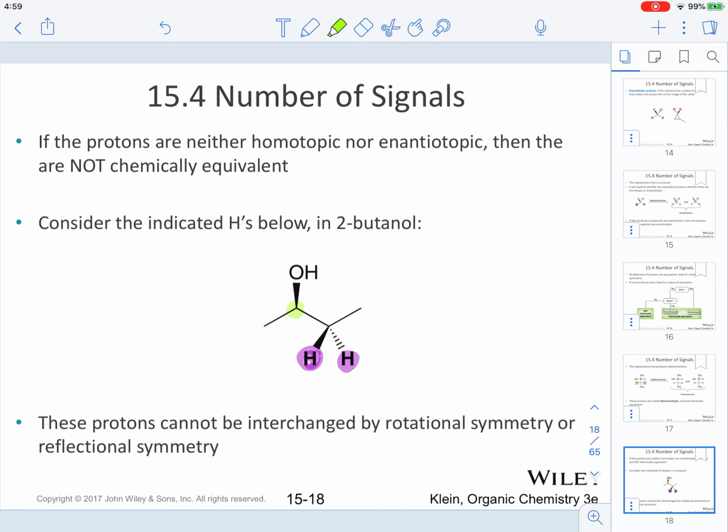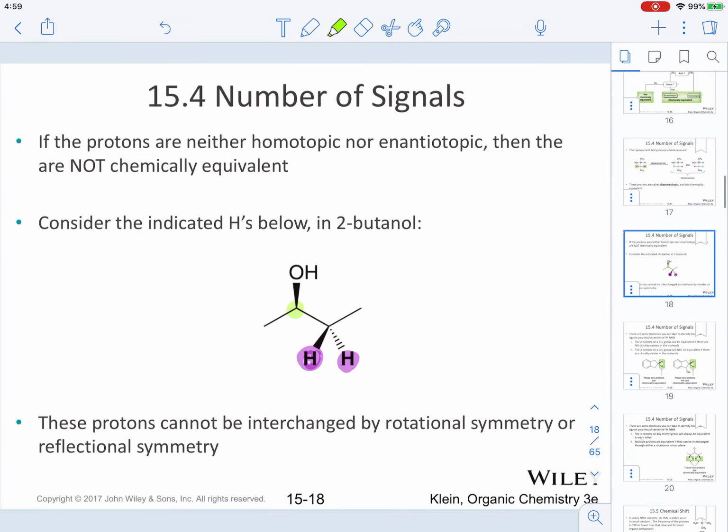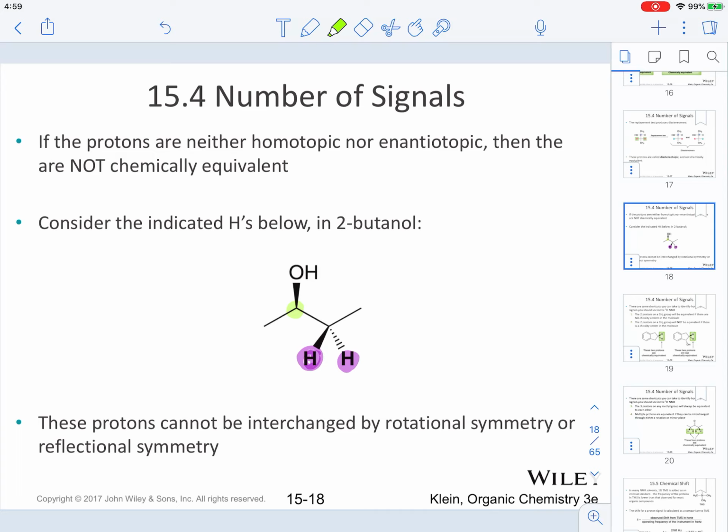Now, these protons cannot be interchanged by rotational symmetry or reflectional symmetry. So what will happen specifically for this example is that let's consider the replacement test. As we have discussed in the replacement test, what we're going to be doing is redrawing our molecule, in which now we are going to be replacing the hydrogen by a different atom.